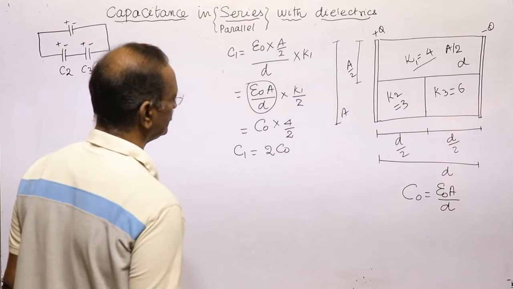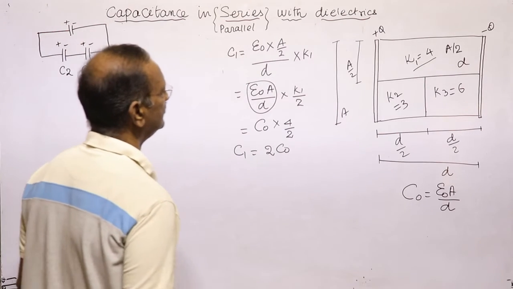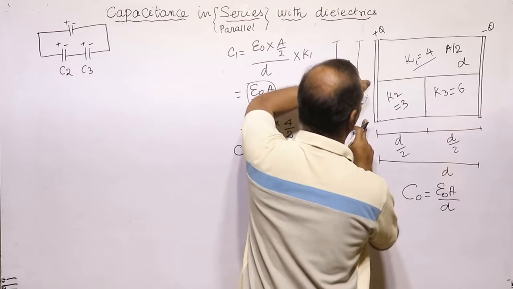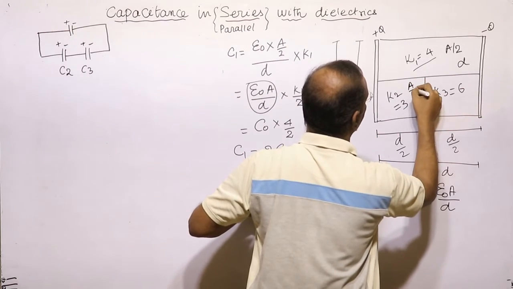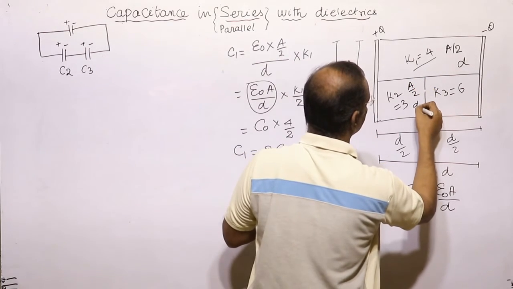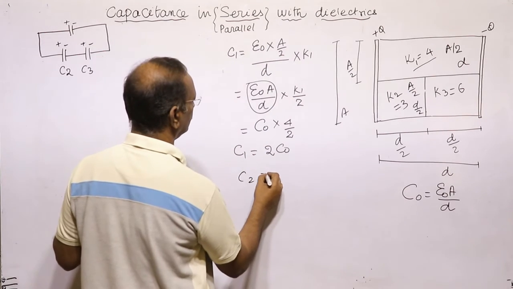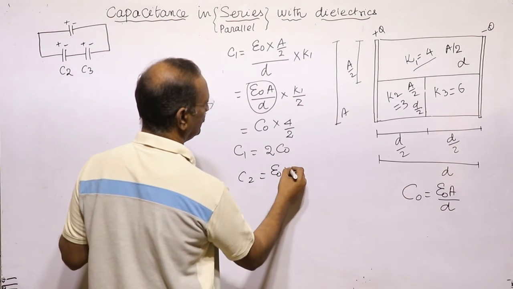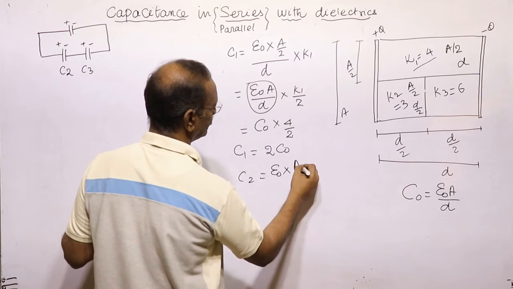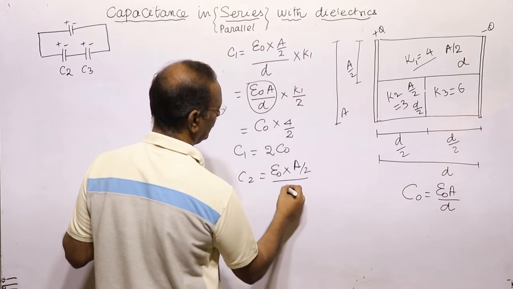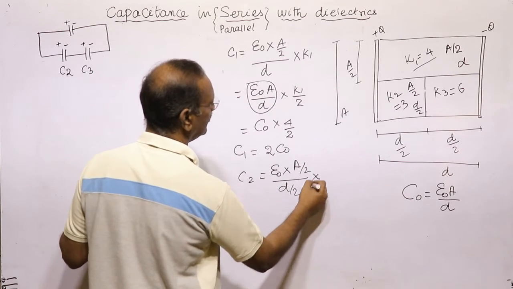What about C2? Let us see C2. C2 is this one. It is occupying half the area of the plate and half the distance, D by 2. So C2 is equal to epsilon naught into area A by 2 divided by D by 2 into K2.